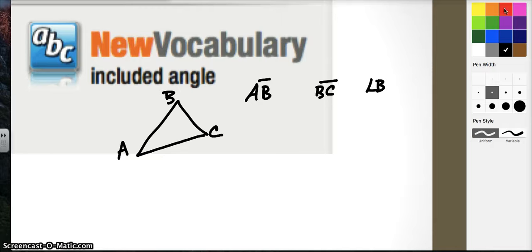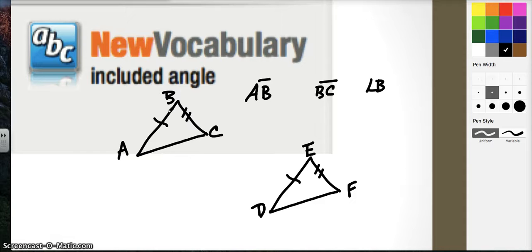So included angle refers to, let's say I had some information about these two sides, specifically that this side is congruent to this side in two triangles, and this side is congruent to this side. If I wanted to refer to a specific angle, one angle I could refer to is the included angle. So included angle basically just means an angle between two specified segments.